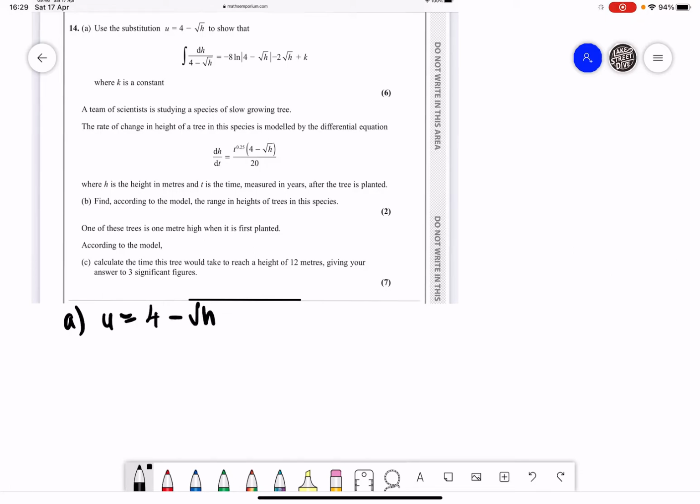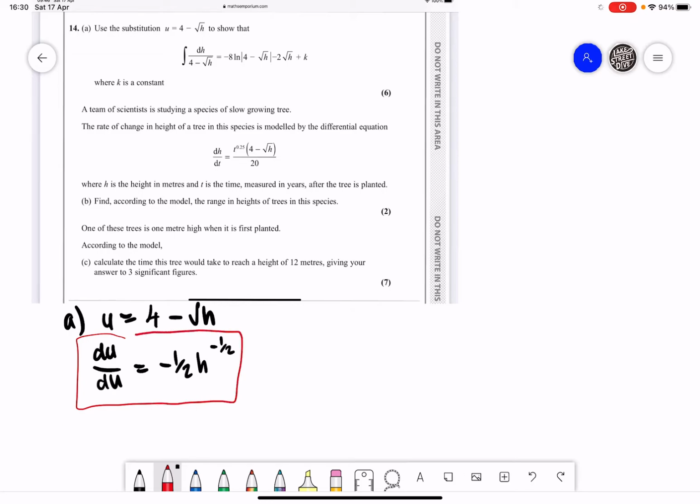I'm going to differentiate to get du/dh equals minus a half h to the minus a half. That's nice, but it would be more useful if I was able to write it in a different form, so that I could make the dh look like a dh.